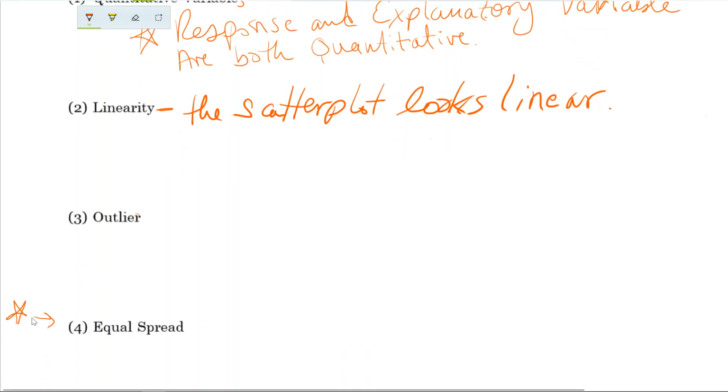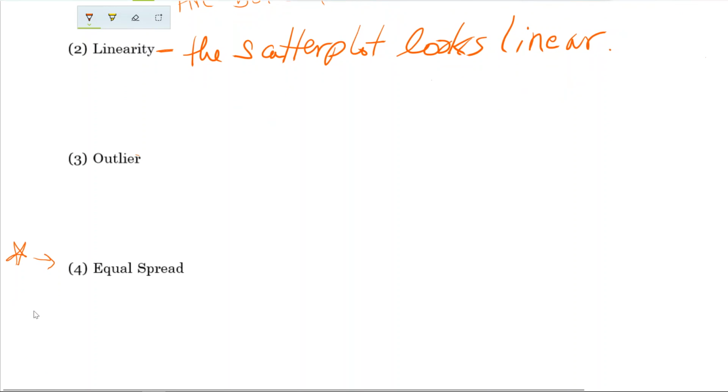Next up, outlier. So outliers, you really shouldn't do linear regression if you have outliers, because usually they'll throw off your results, make your results look so that your model is either weaker or stronger than it actually is. So we usually will not do linear regression with an outlier.